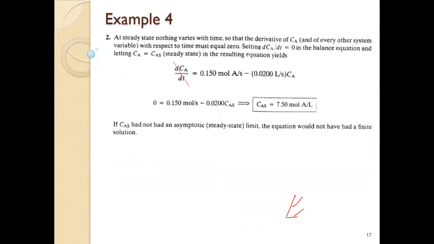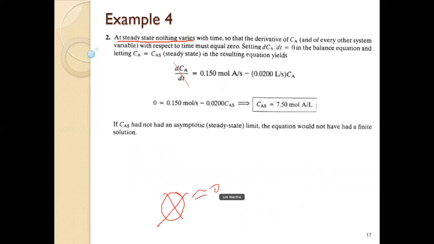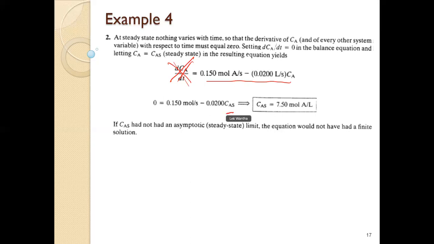And the second equation, at steady state: what happens at steady state? There is no accumulation. This term equals 0. So 0 equals 0.15 minus 0.02 CA, where CA here is the steady-state concentration.